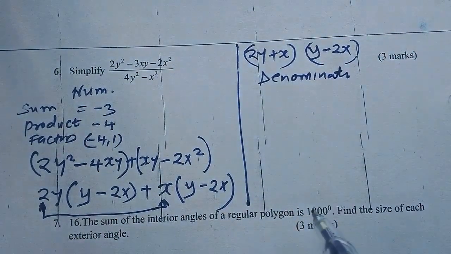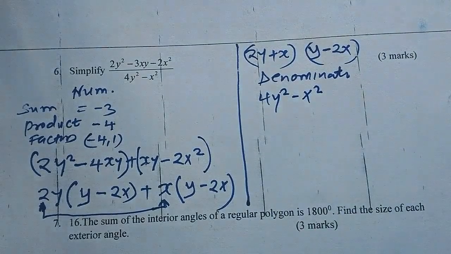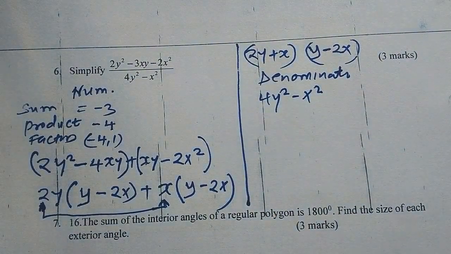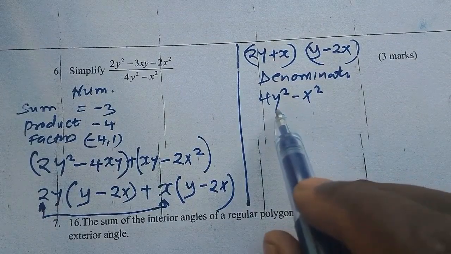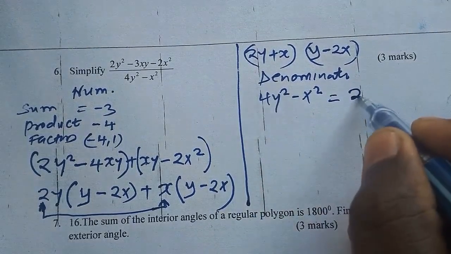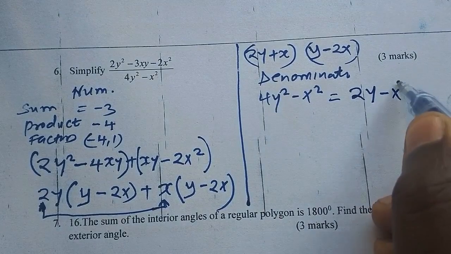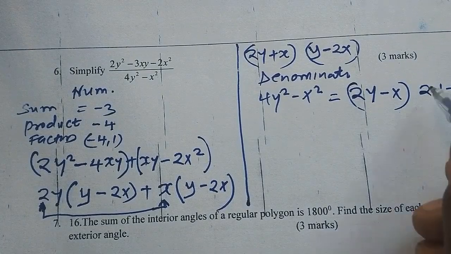Denominator, this is 4y square minus x square. This is a perfect square, and this one is a difference of 2 squares. So this is exactly the same as 2y minus x, 2y plus x.